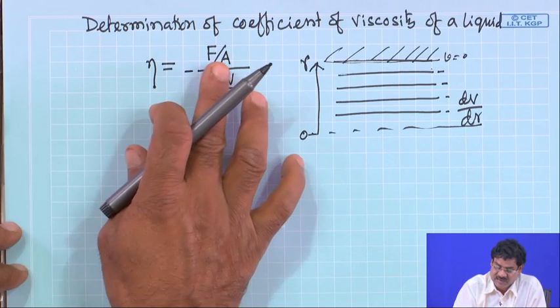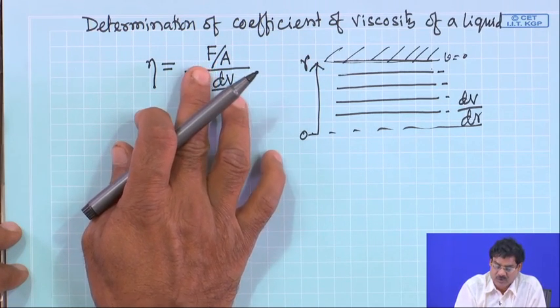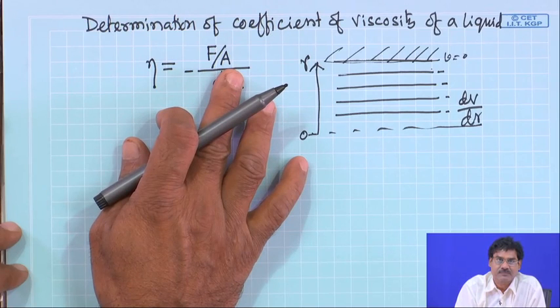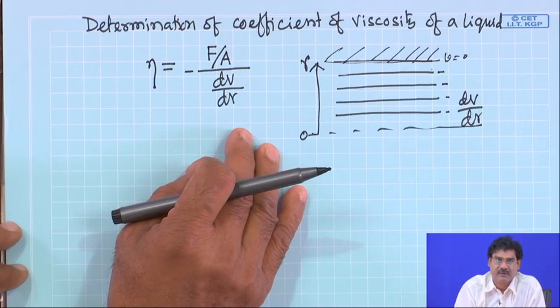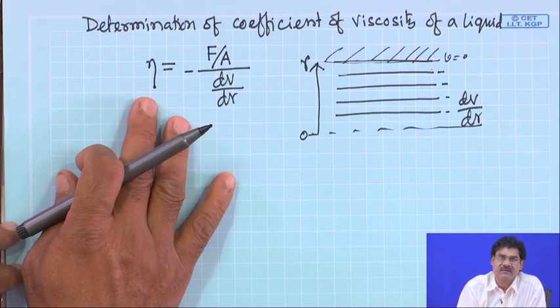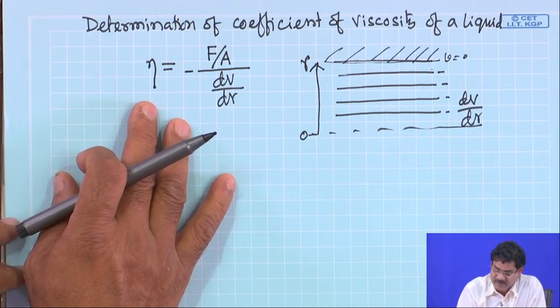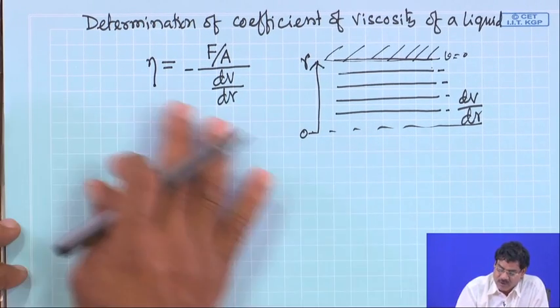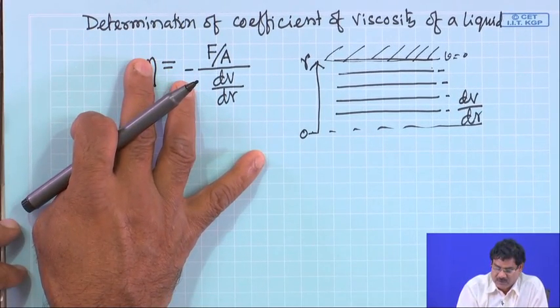The definition is that the viscous force F is the viscous force per unit area per unit velocity gradient. Okay. So, that is the definition of the coefficient of viscosity of a liquid. Okay. So, now I want to measure this coefficient in a laboratory.